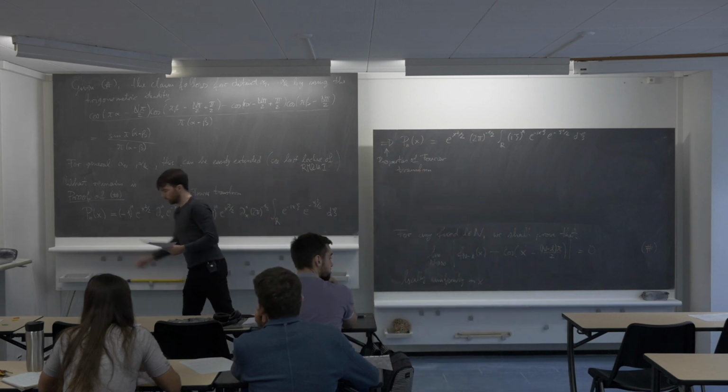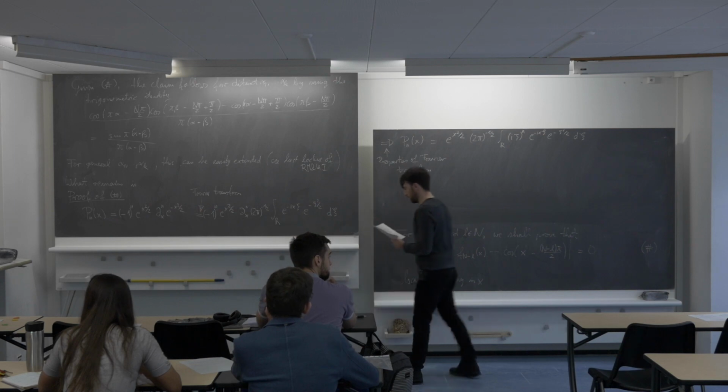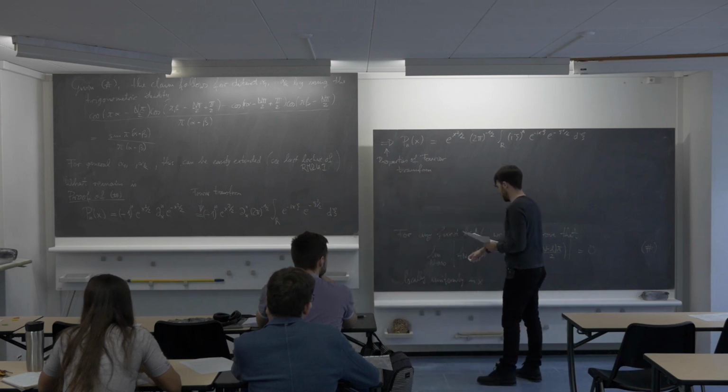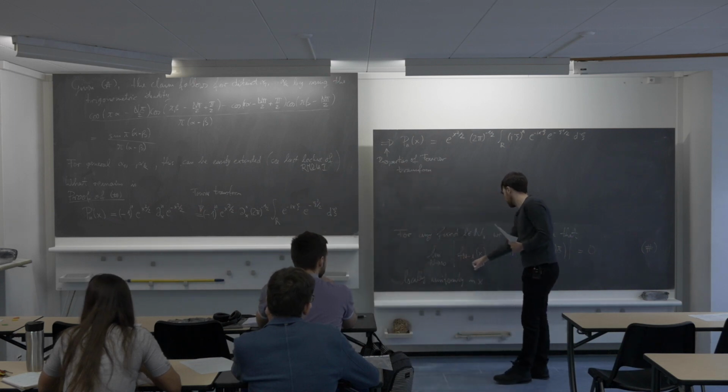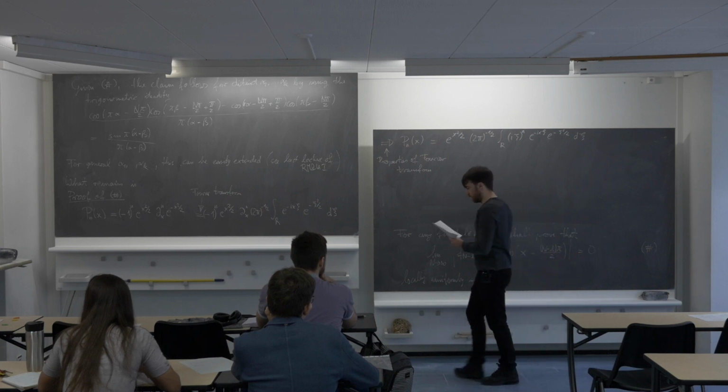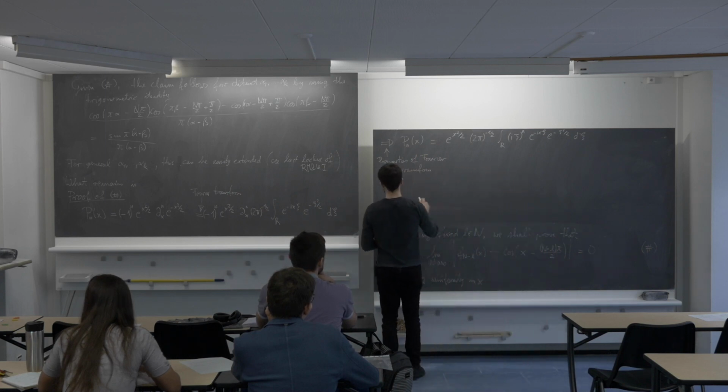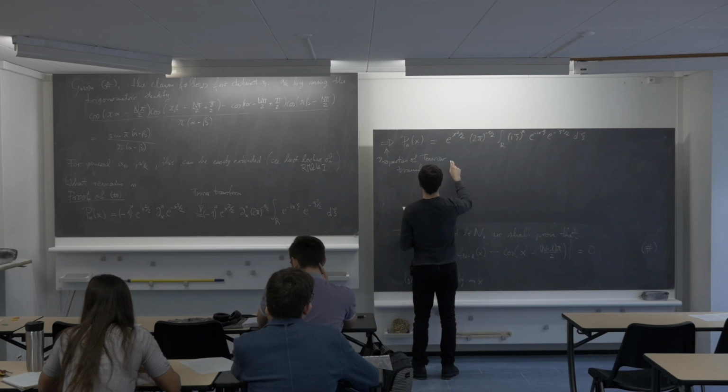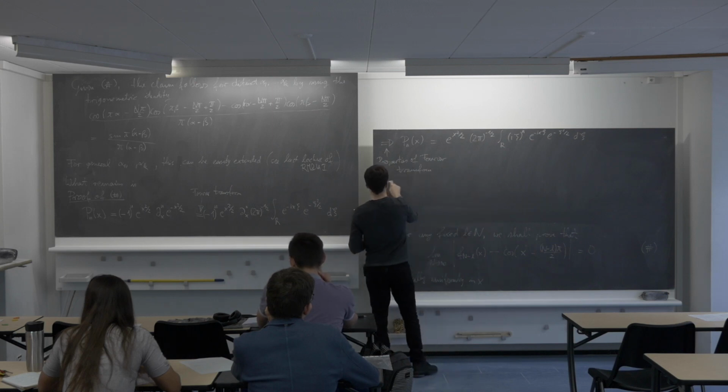Okay, so now we have another formula for the Pn, and now I can plug in what the Fn is. Of course, the problem here is we have to understand these Fn's. So now I want to rewrite the definition of Fn.